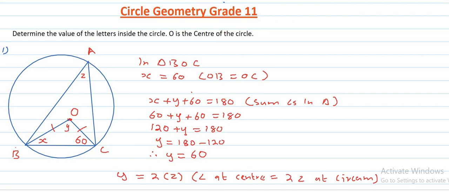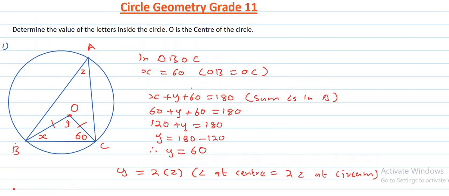That's our reason. So we substitute. Y, we got it to be 60. I'm going to say 60 equals twice Z. Then you divide both sides by 2. 60 divided by 2 is 30, equals Z. So the value of Z will be 30 degrees.